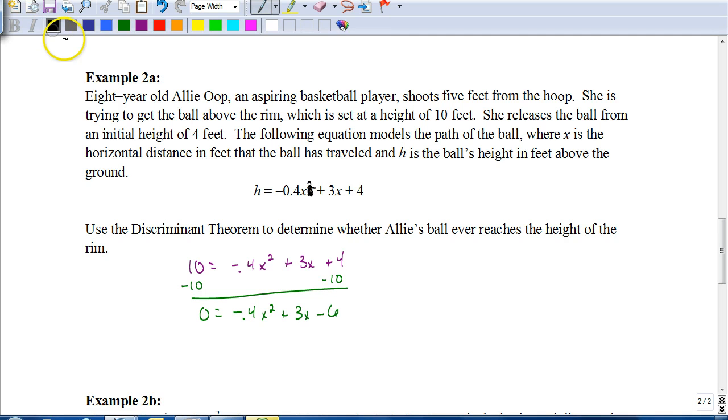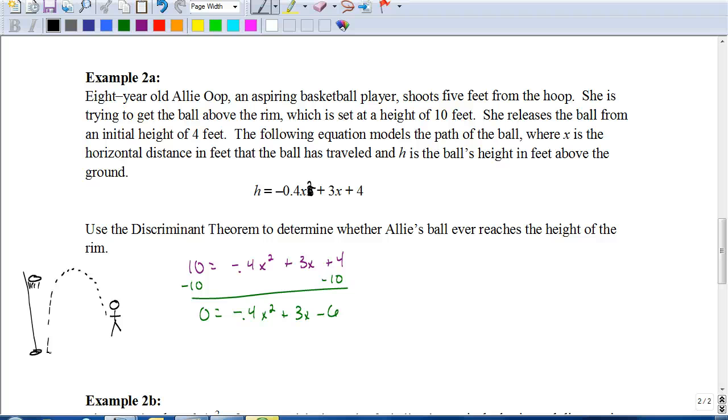And in reality, what's happening here, if you need a visual, is if we have our basketball hoop, and here's little Allie Oop, well, she's shooting. We want to see not so much if she'd make it, but see if she's throwing the ball high enough to make it. And the way that we figure that out is by using our quadratic formula.